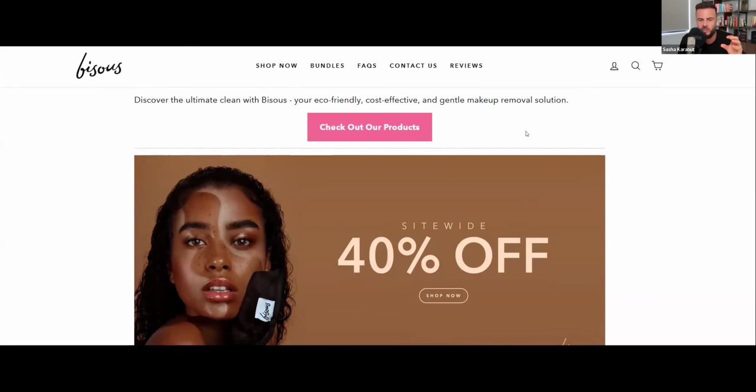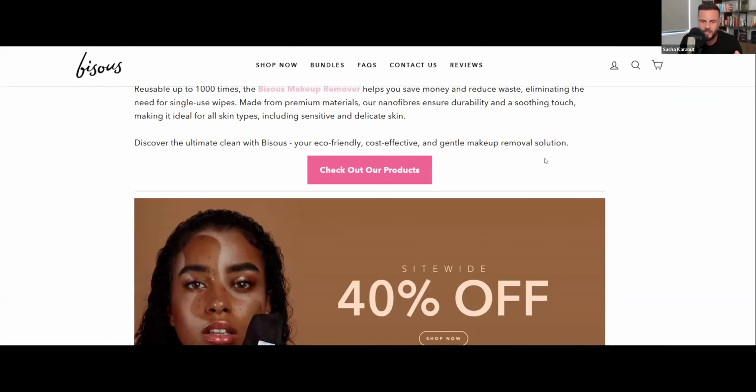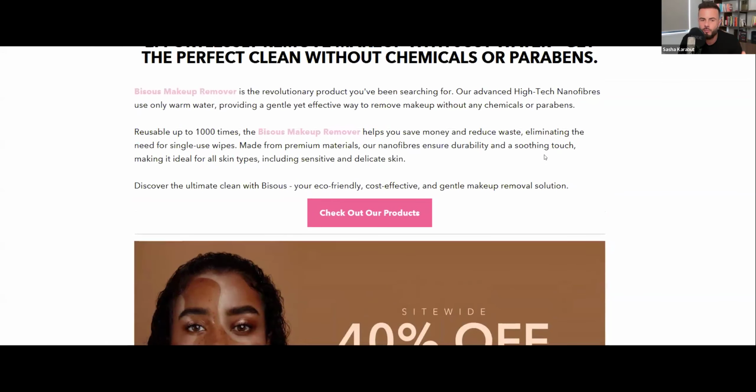As people scroll through this page, they want their level of certainty to increase through the information, to think, this really could help me with my skin, this could be very effective to remove my makeup and clear my skin. We want to increase that belief and help them realize that dream outcome.